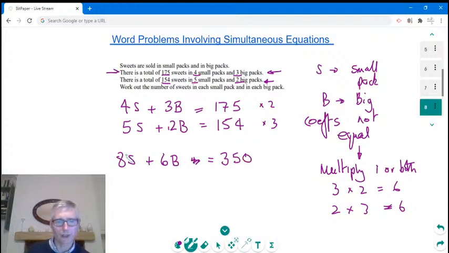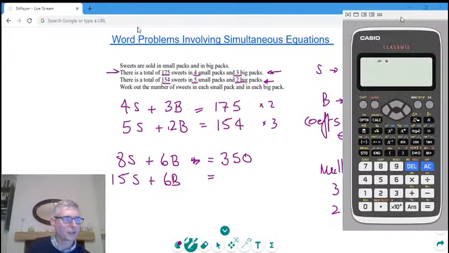If we do the same for the bottom one, times by 3 this time, I've got 3 times 5S, 15S. 3 times 2B is going to give us 6B, which is good because that's the same as the one above. So I've got the same coefficient. And then 3 times 154, I'm just going to do that on the calculator. So 3 times 154, and so we get 462.